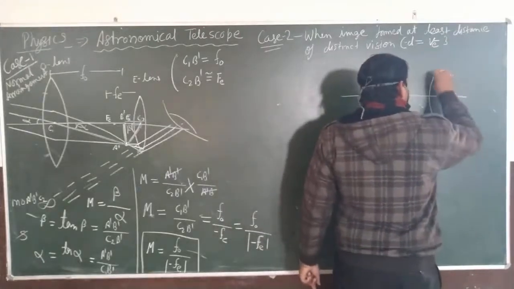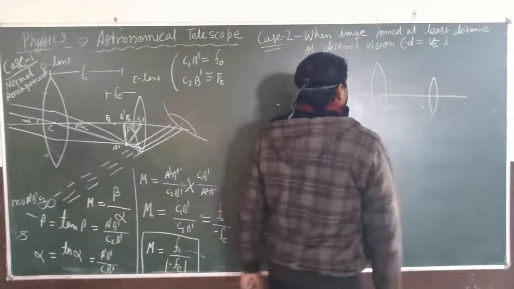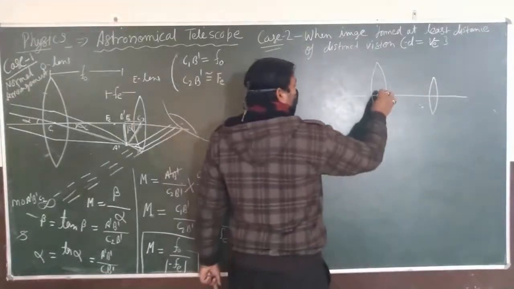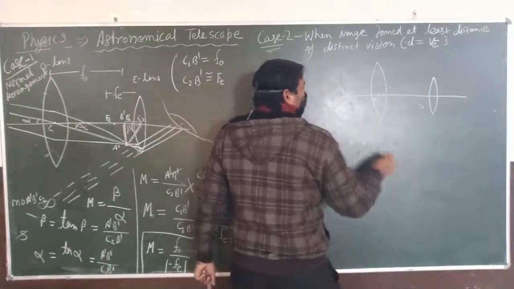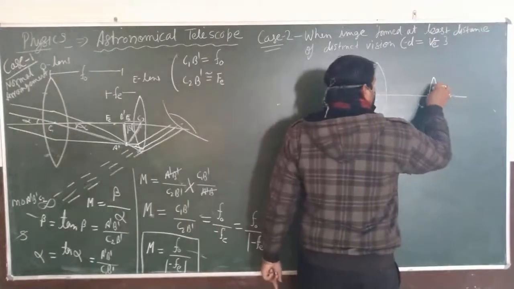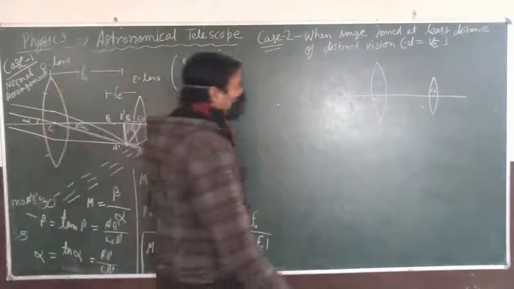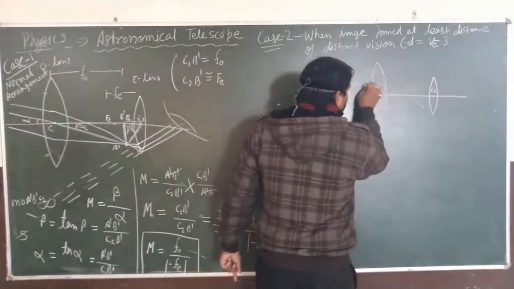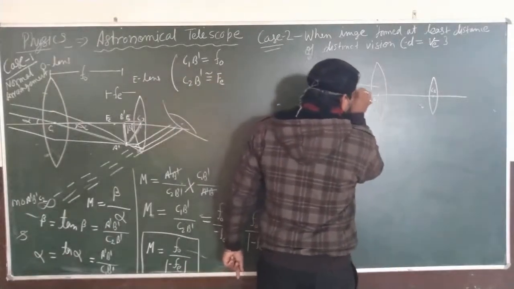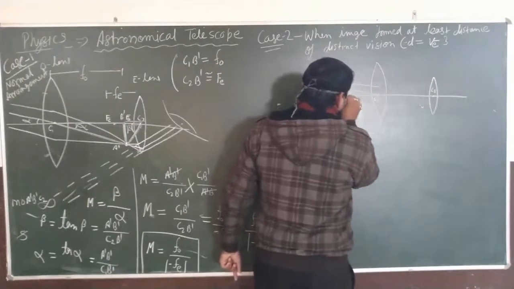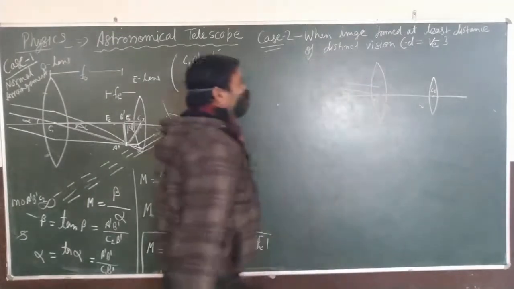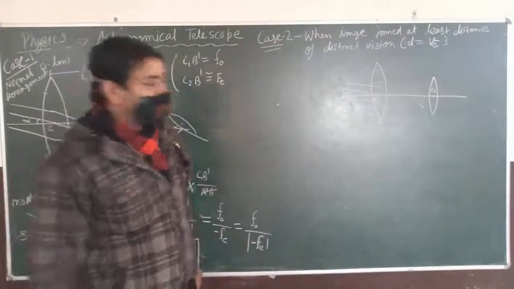This is eyepiece, and then these are the C1 and C2 optical centers of the two lenses, and the rays which are parallel to each other fall on the objective lens.